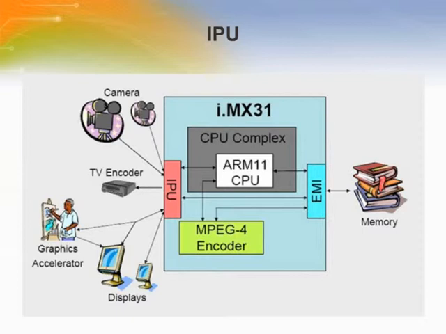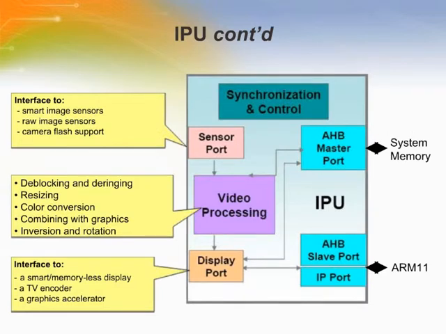The synchronous interface is for transfer of display data in synchronization with the screen refresh cycle. The asynchronous interface is for random read-write access to the memory and registers of smart displays and graphics accelerators. The data bus is 18 bits wide or less, and it can transfer pixels of up to 24-bit color depth.